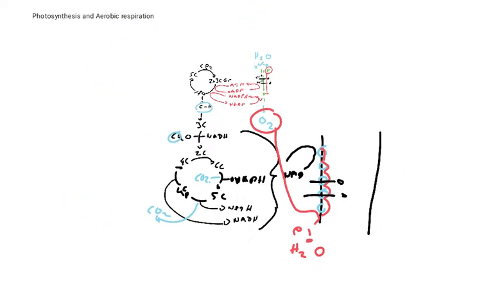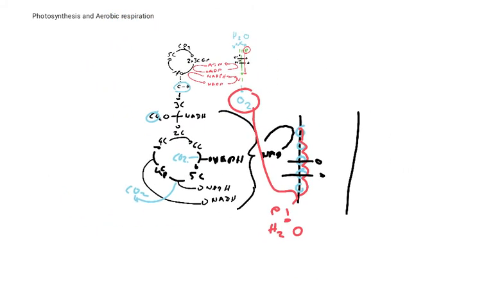The hydrogens that you've pushed from the matrix into the intermembrane space, they then flow out through ATP synthetase, and as they flow out, they generate ATP.